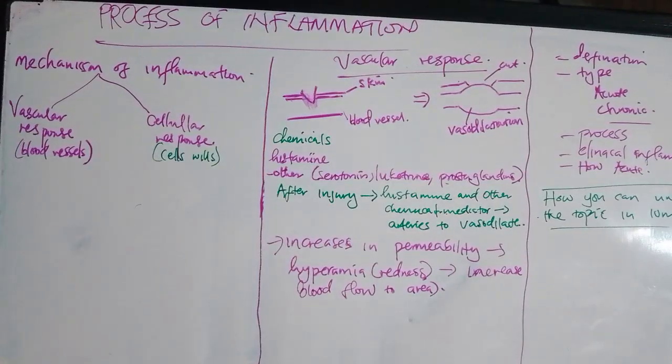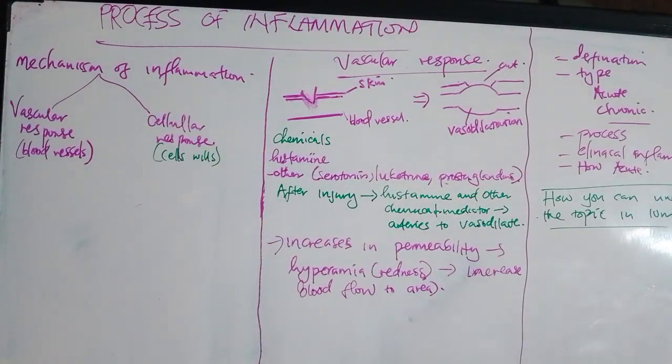So when we're talking about hyperemia, this is the reason why people who are light skinned, after they get bitten by a mosquito, their skin first turns red. So once the mosquito bites you, the skin or the blood vessel will release histamine.